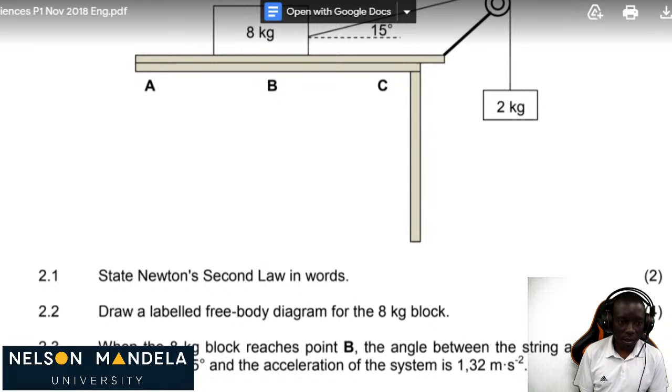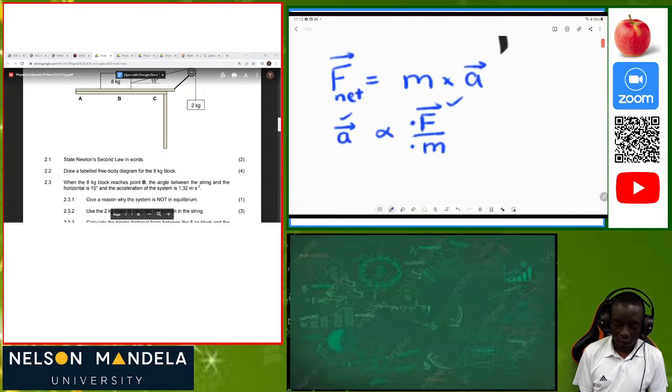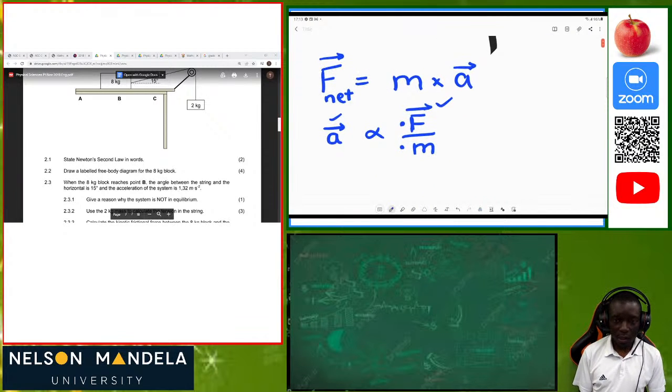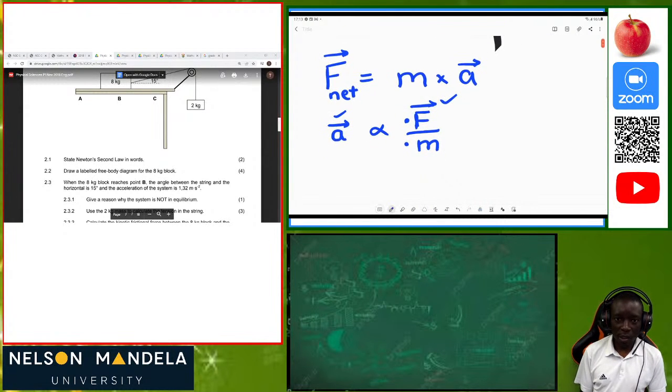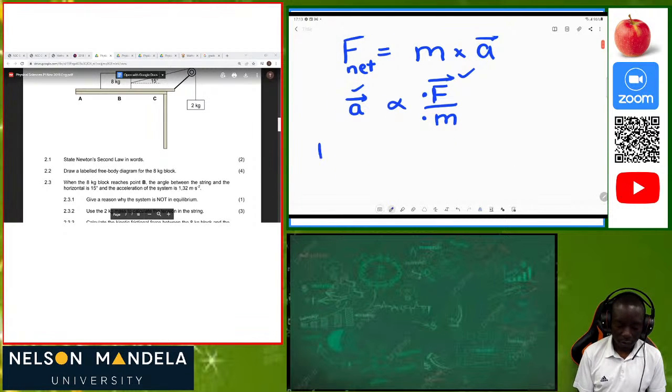The second part, which is 2.2. For 2.1, we were defining Newton's second law.